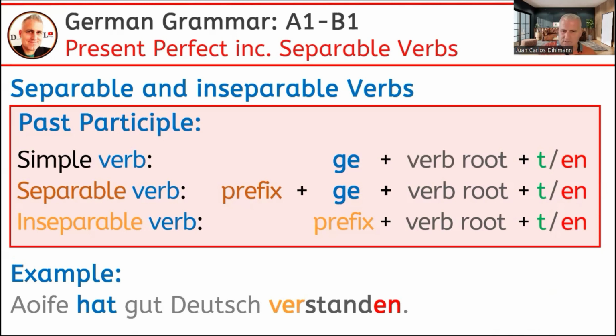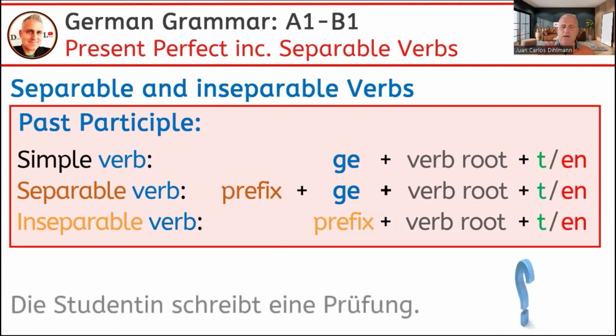Why is it verstanden? Verstehen is an inseparable verb. So the prefix ver is inseparable. After that, we have the verb root stand and just the irregular ending n. This is how it works. Next sentence. It's your turn now.